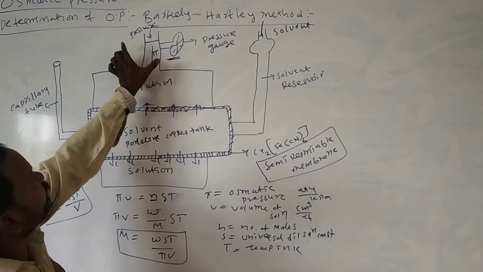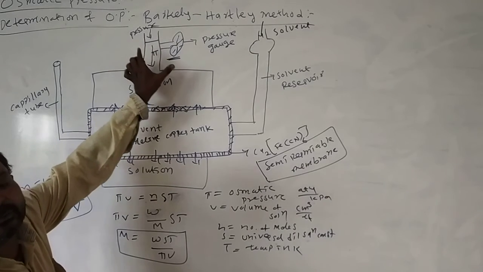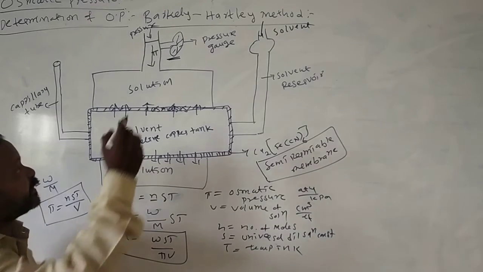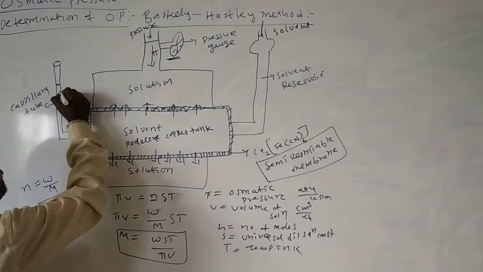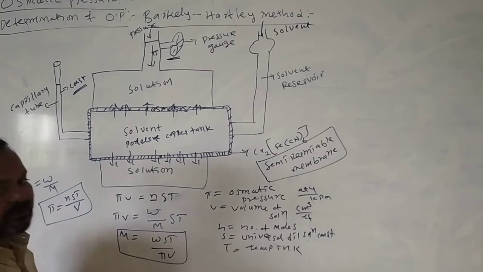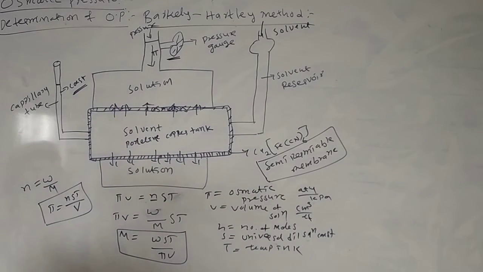That pressure we call the osmotic pressure, when the capillary tube level remains constant. The osmotic pressure of the solution is calculated as π = nST/V, and the molar mass of the solute is M = WST/πV.